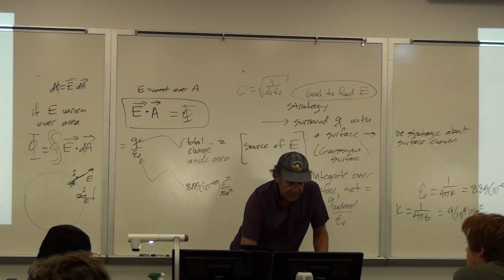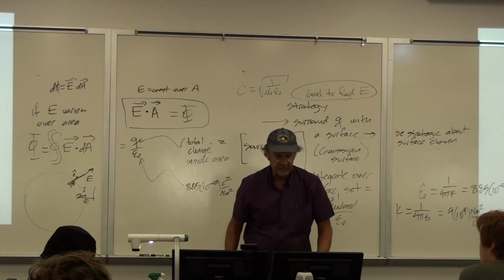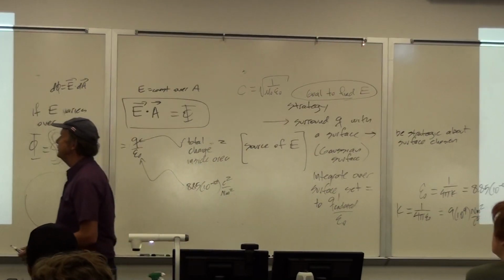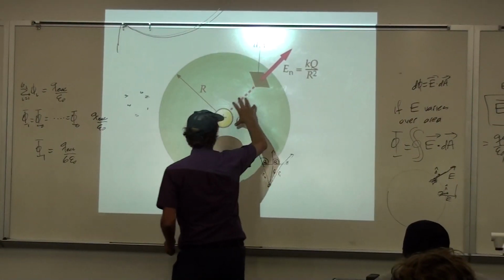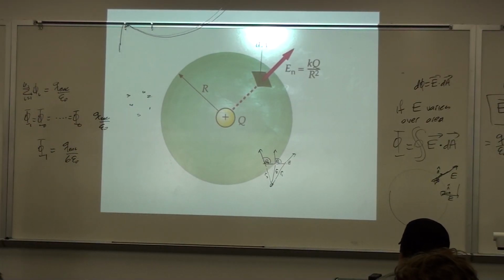So we'll surround it with a sphere. That's something that's natural to the geometry of the electric field lines and should give us a much easier integration. As a matter of fact, the integration is going to be trivial if we use a spherical surface.